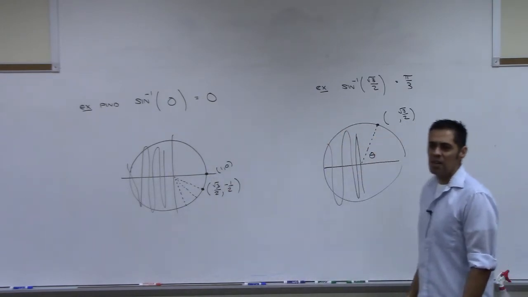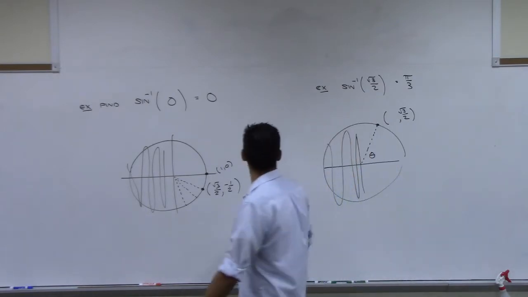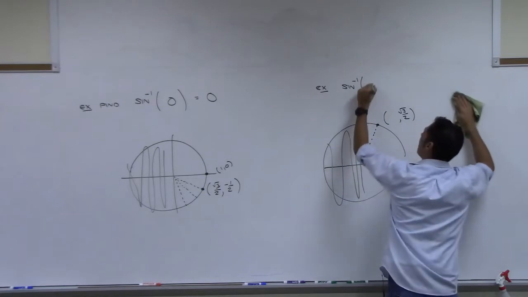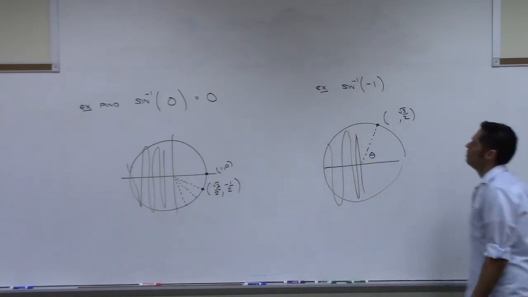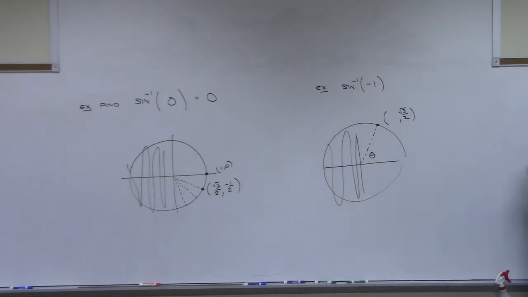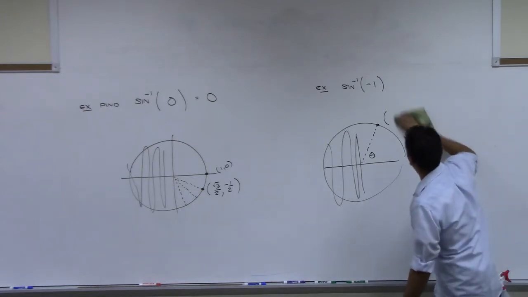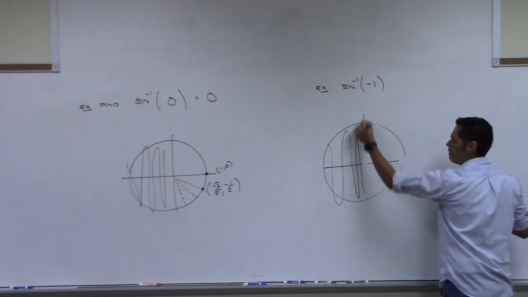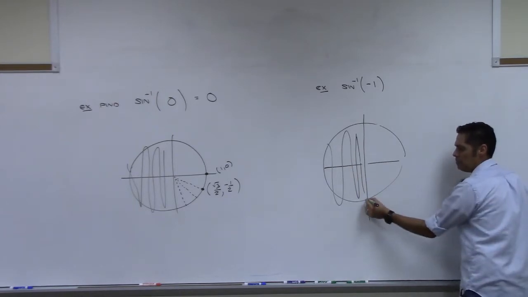All right, what would arc sine of negative 1 be? Doesn't that mean we're down at the bottom?